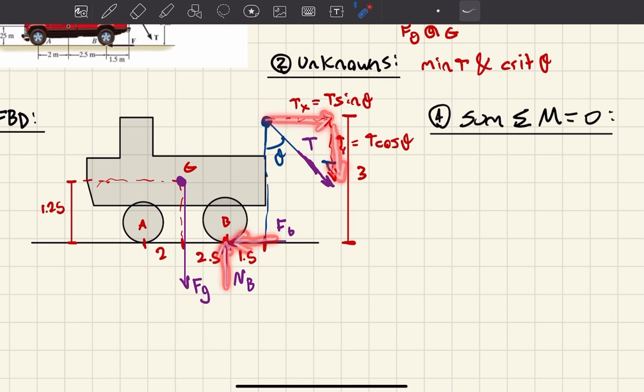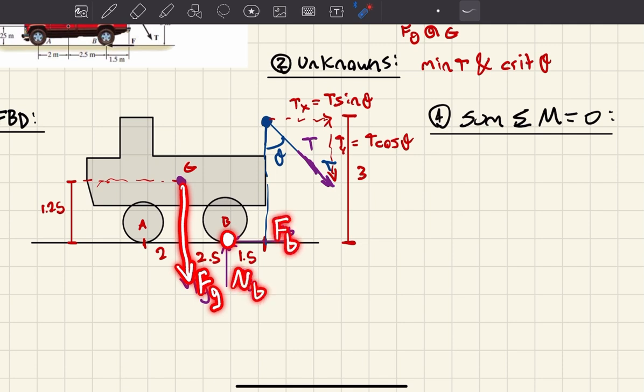What happens if I take the moment at point B? My process becomes a tad bit easier because I only have to deal with FG, which I know, whereas another con of using NB and FB is you don't know them, so it will not bring anything useful. So I have my R, 2.5, and FG.